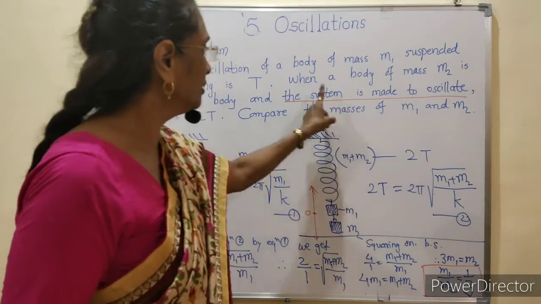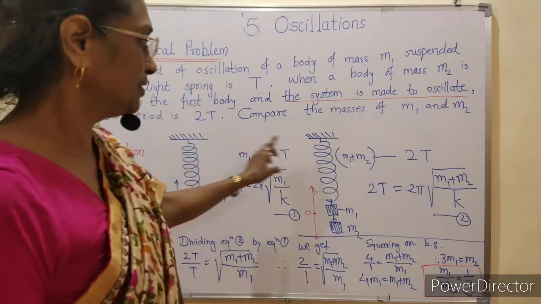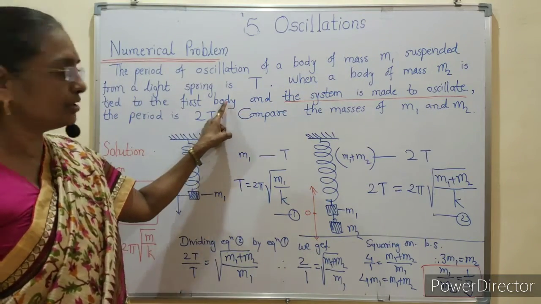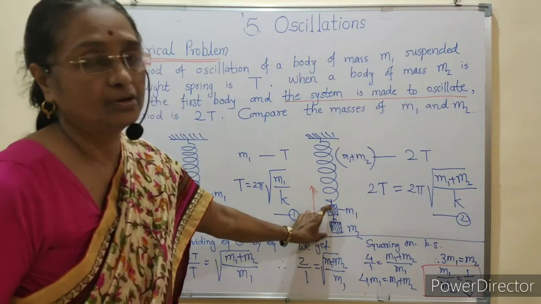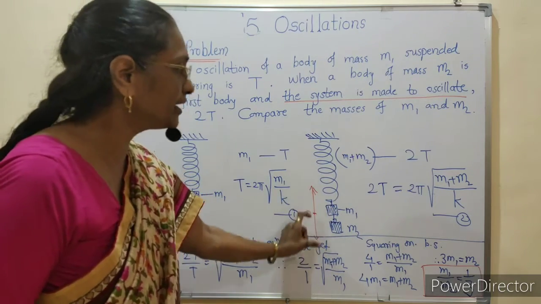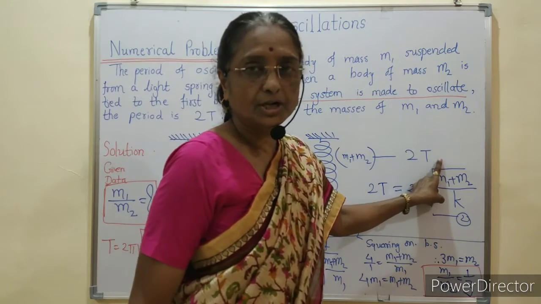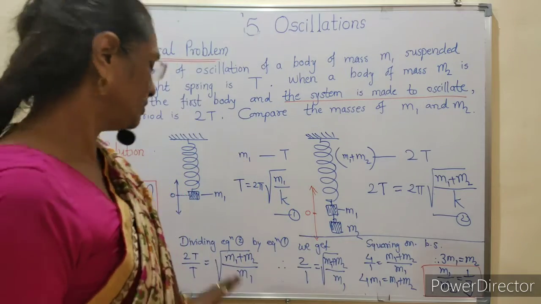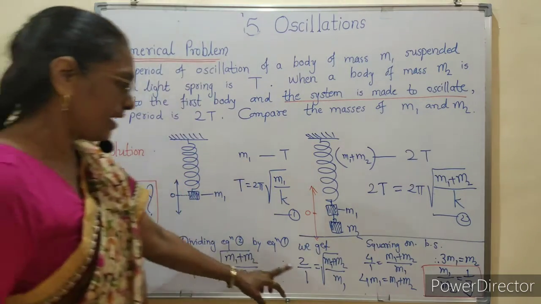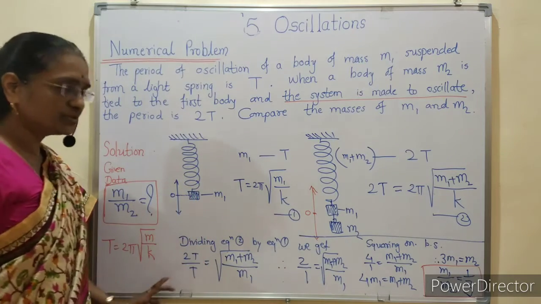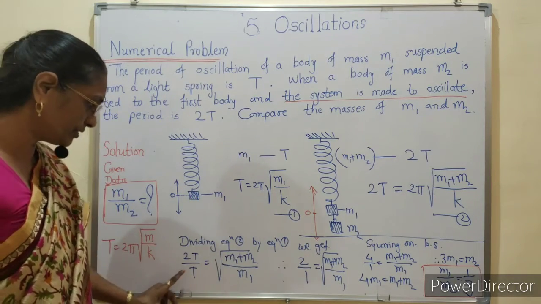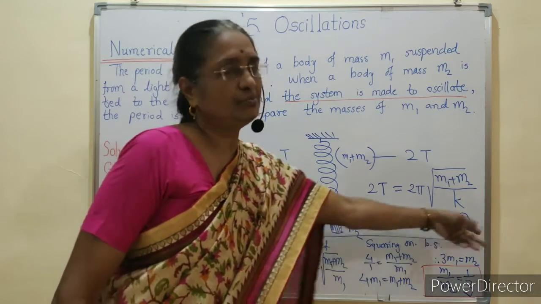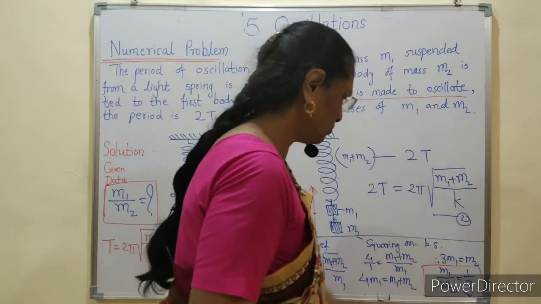In the second situation, when a body of mass m2 is tied to the first body, meaning m1 and m2 are tied, and again the system is oscillated, we get the period as twice T. Therefore, we wrote equation 2 using the formula, and then simple adjustments. Dividing equation 2 by equation 1, we get 2 upon 1 is equal to m1 plus m2 upon m1, and simplification gives us m1 upon m2 is equal to 1 by 3.